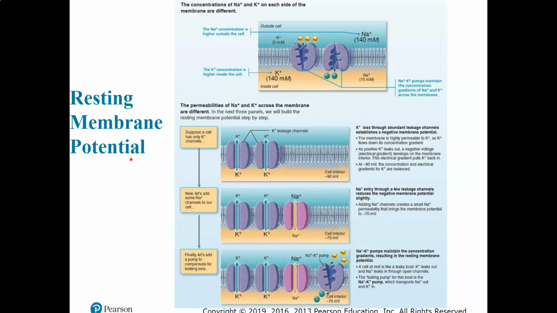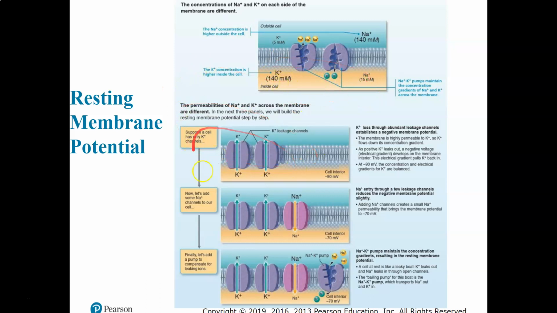So resting membrane potential, again, we have the sodium-potassium ATPase, or the sodium-potassium pump, which is going to pump 3 sodium out and 2 potassium in against the concentration gradient by expending ATP. And so we are going to have a high concentration of sodium outside of the cell and a high concentration of potassium inside of the cell.